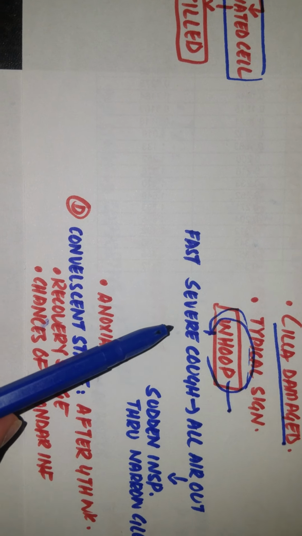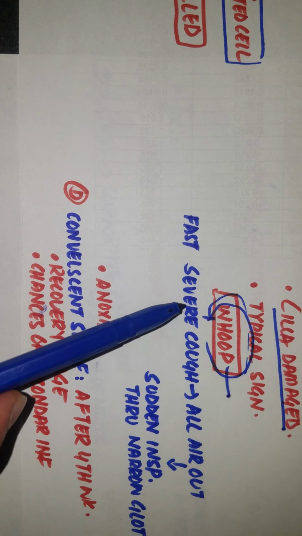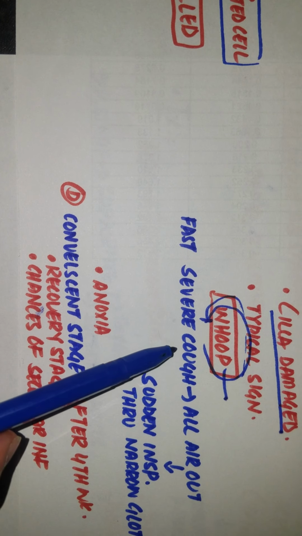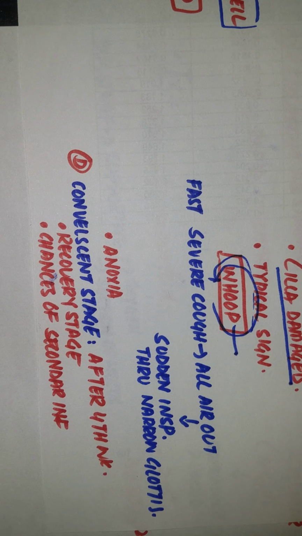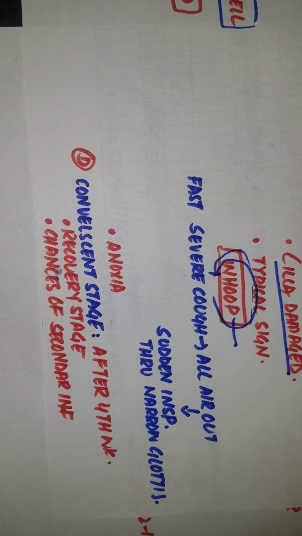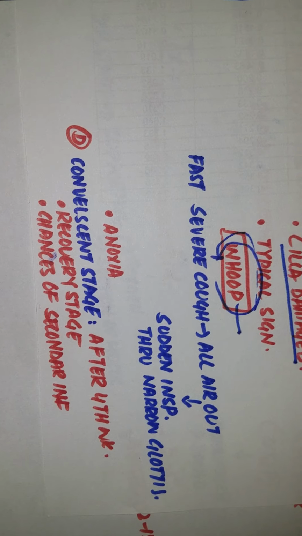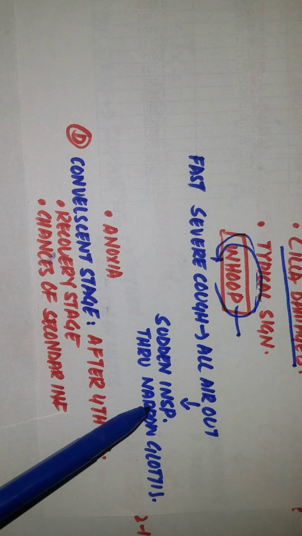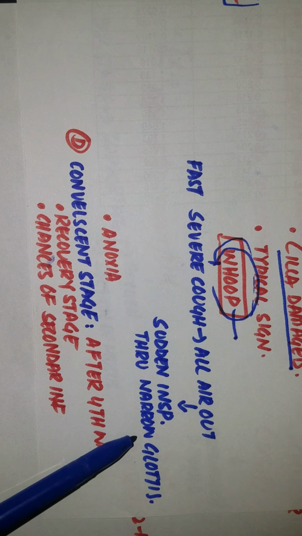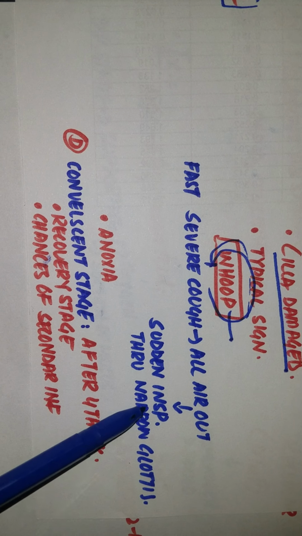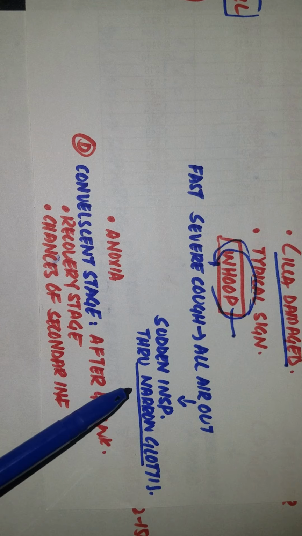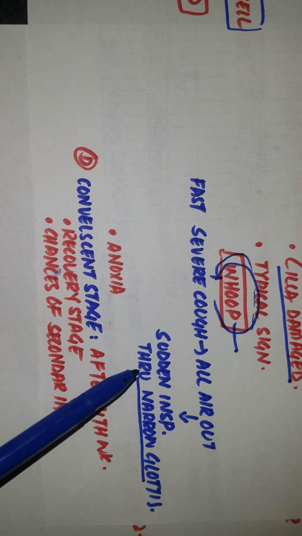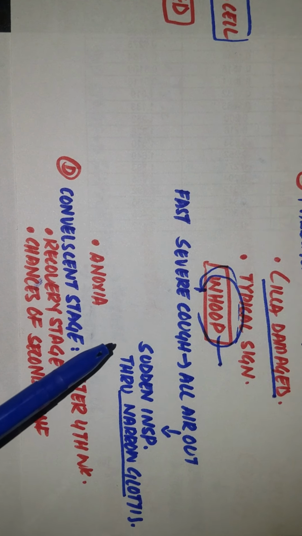In this disease there is a fast, quick, severe cough, so all the air is gone out of the respiratory tract to the outside environment. Following this there is sudden inspiration through the narrow glottis, and this sudden inspiration through the narrow glottis produces the specific typical sign, which is known as whooping cough, like this.